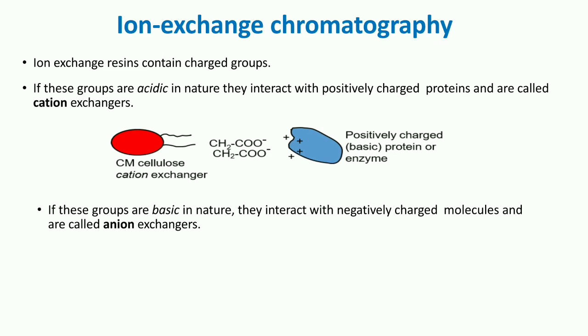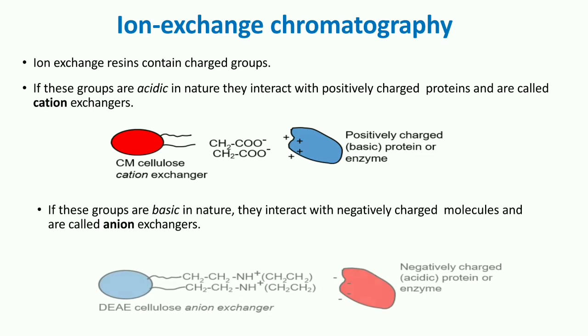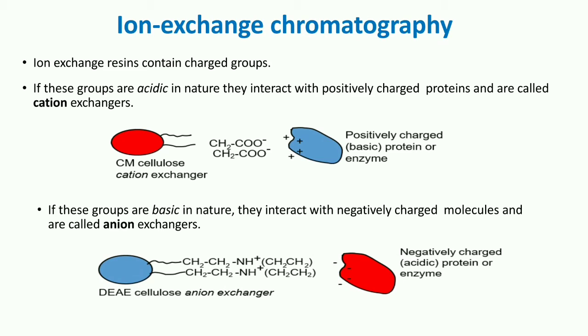On the contrary, if the groups are basic in nature, they interact with negatively charged molecules and are called anion exchangers. In this case, you can see the DEAE cellulose is an anionic exchanger, that is, it will attract negatively charged or acidic enzymes to the resin.